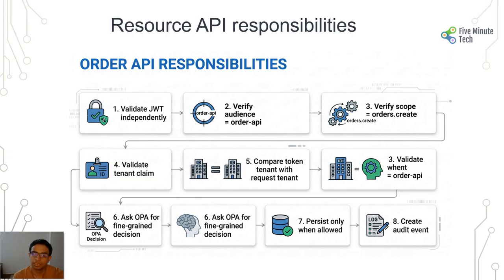Does the user's tenant ID match the tenant in the request being made? Is the order amount within the permissible limit? Is the user allowed to create this kind of order? These are some of the questions which need to be answered by the API. Some of these checks are local and simple, while others belong to OPA, the policy engine, because they represent business policy that should be centralized, version tested, and probably reused.